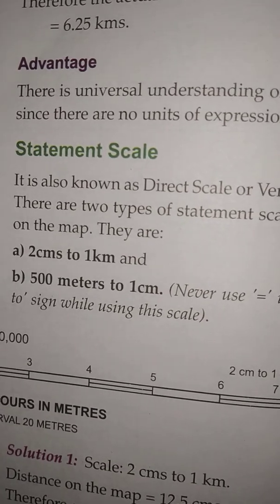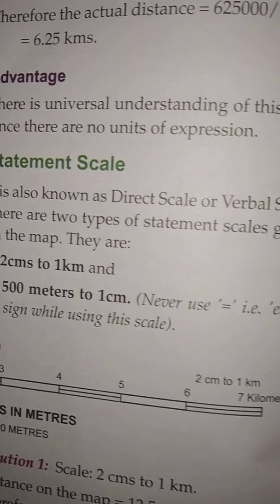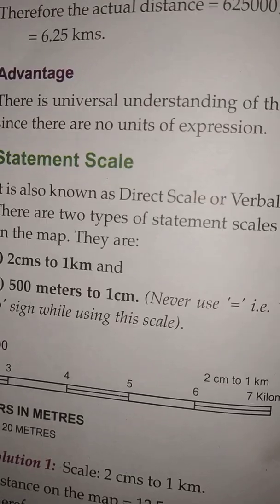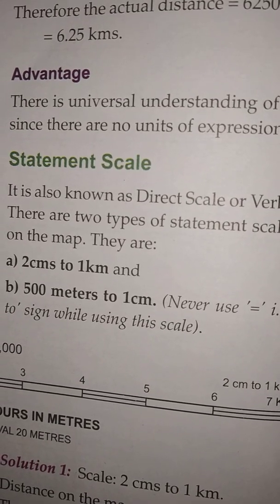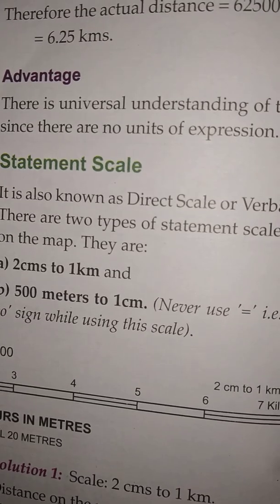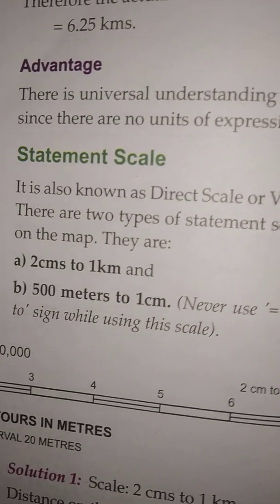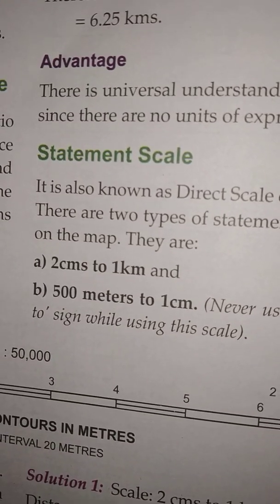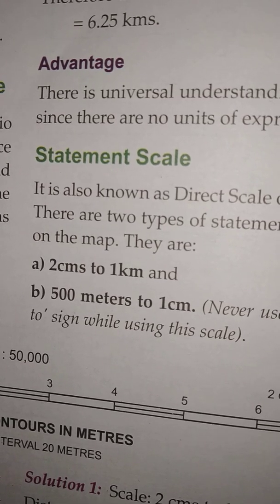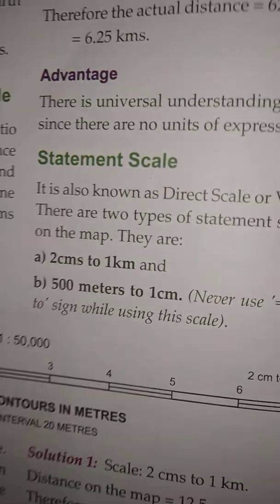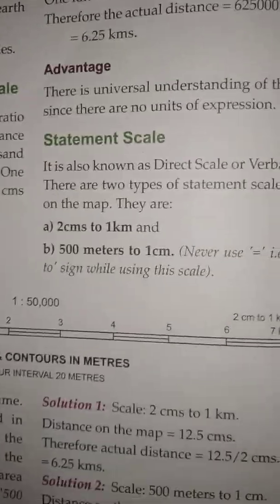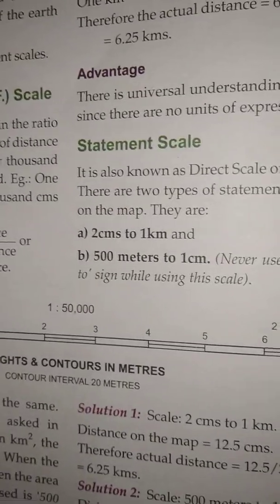So we will never use the sign equal to when writing the scale of the map. We will always write 2 centimeter to 1 kilometer or 500 meters to 1 centimeter. These are the two scales we have studied up to now.